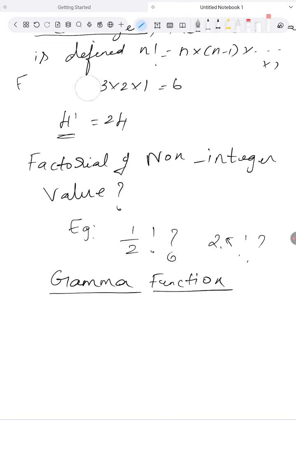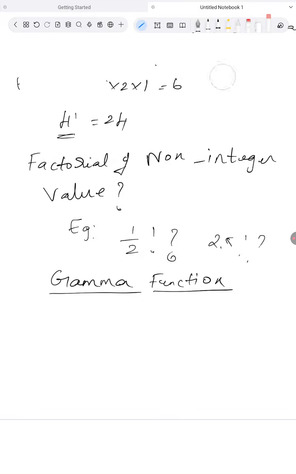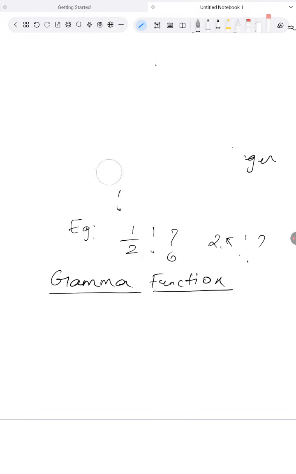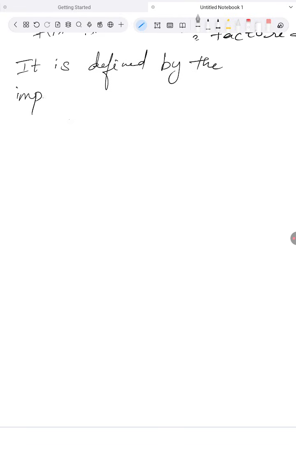And both the gamma function and beta function are improper integrals. Okay, so now without delay with this introduction, let's get into the definition of the gamma function. The gamma function is defined by the improper integral.